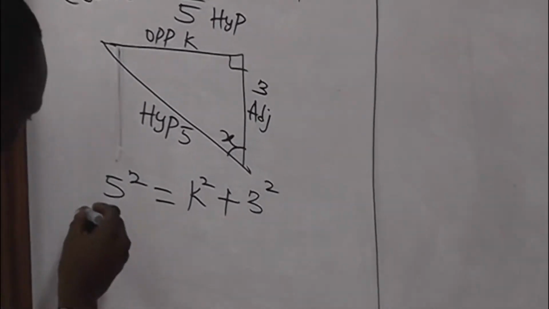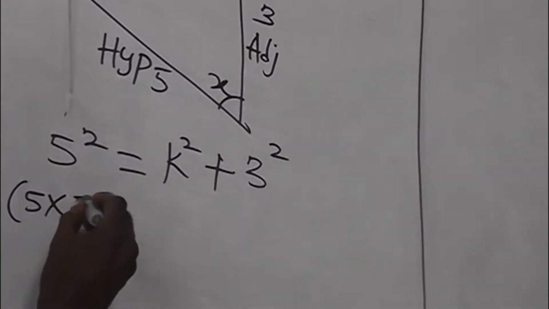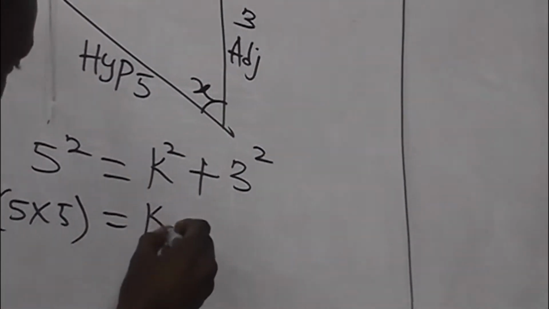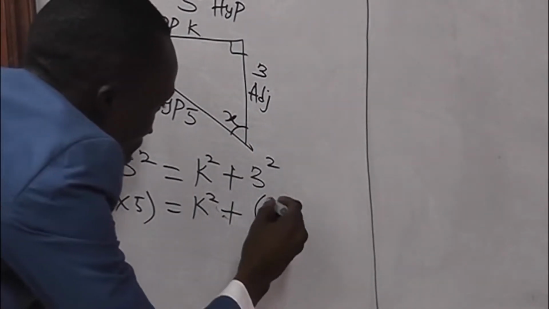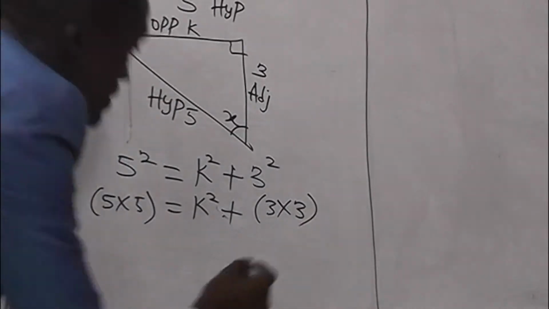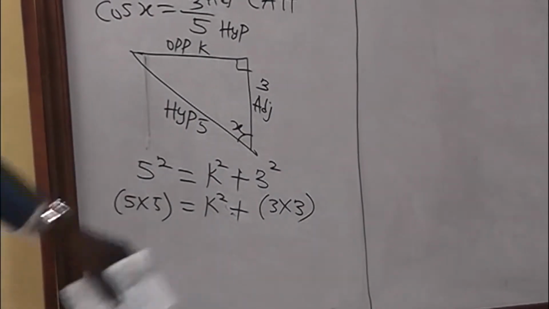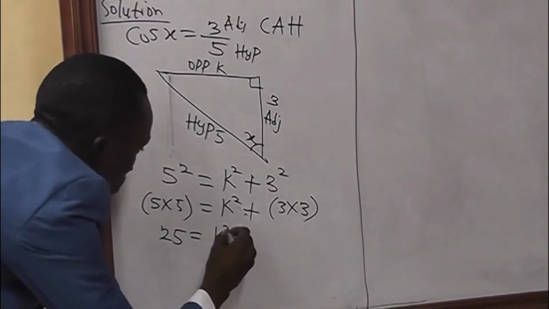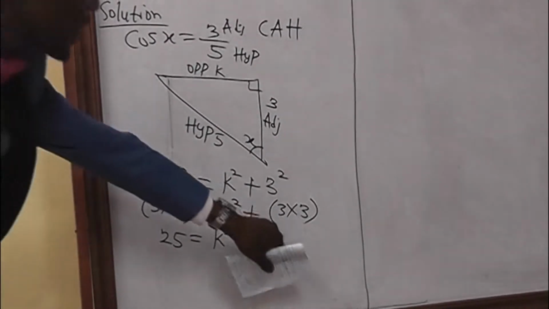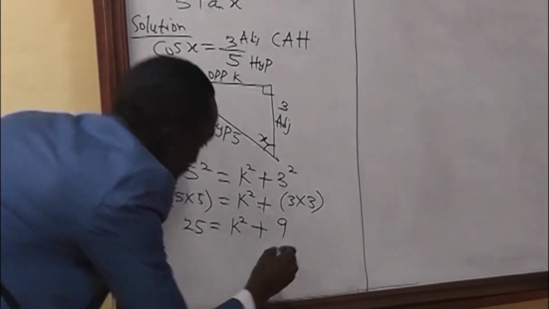So 5 square is still 5 multiplied by 5. Then k square still remains k square. Then plus 3 square is 3 multiplied by 3. 5 multiplied by 5 is giving us 25. Then we have k square, and 3 multiplied by 3 is giving us 9.